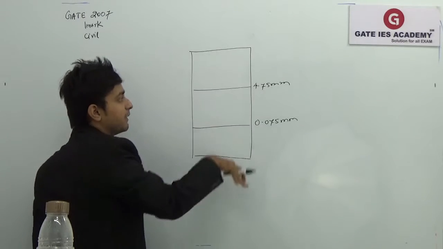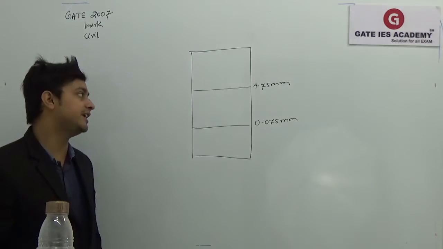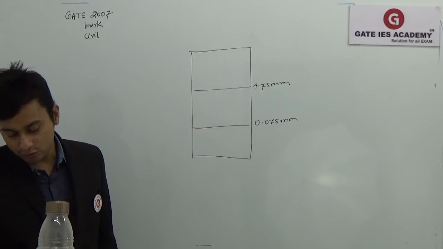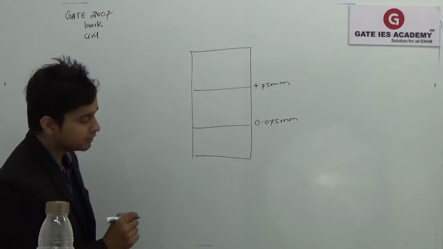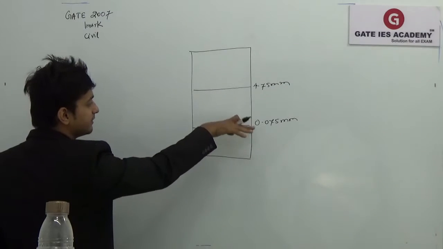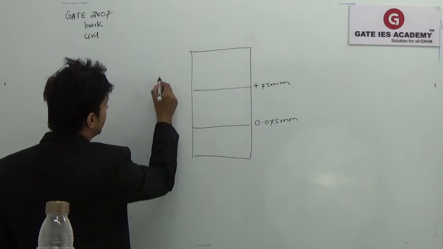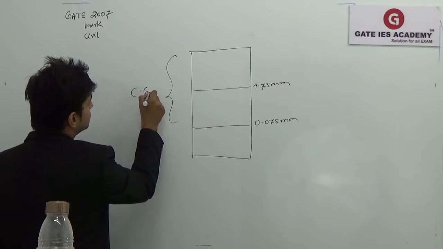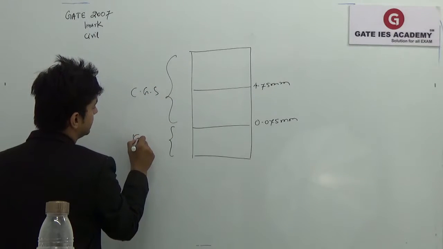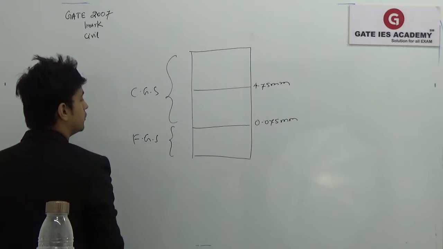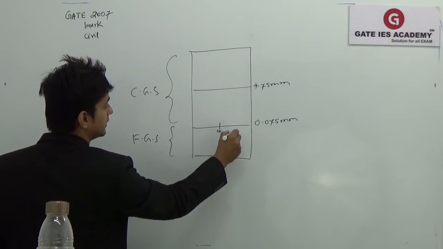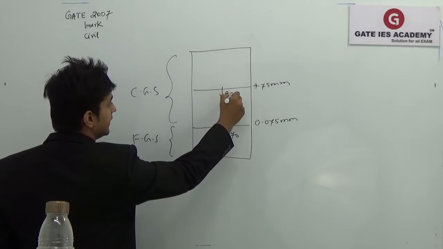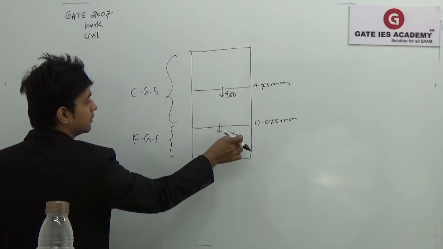So 980 gram is passing through 4.75 mm sieve and 270 gram passes through 0.075 mm sieve. So 270 gram passes, that means that this is coarse grained soil, this is fine grained soil. So the net passing through the 0.075 mm is 270 and here it is passing 980. That means this is inclusive of this also.